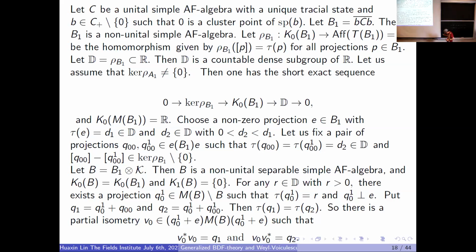Just look at some UHF algebra, or in this case, an AF algebra with a unique trace state. I don't think Kasparov defined this function in terms of extensions. Yes, as a group, they are isomorphic. What I'm trying to say is this group is not enough to describe the extensions that we are interested in.